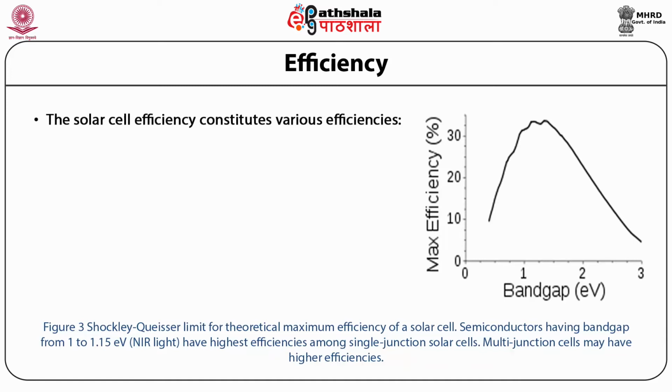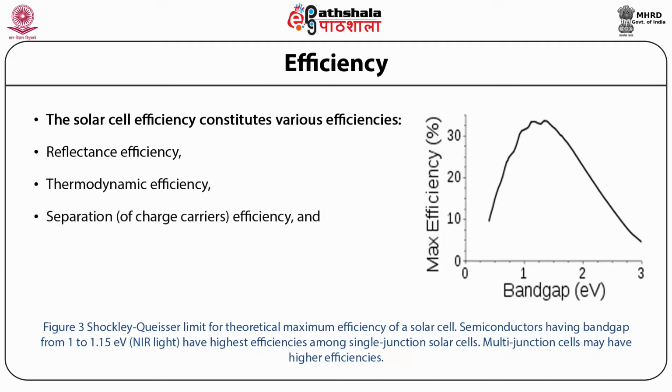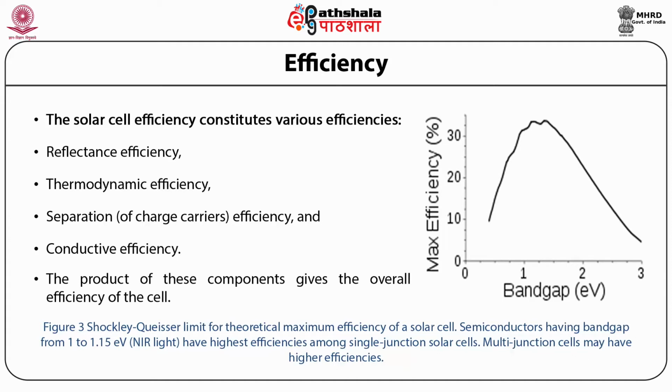The solar cell efficiency constitutes various efficiencies. The first one is the reflectance efficiency, another is the thermodynamic efficiency, then the separation efficiency, which is due to the separation of charge carriers, and fourth is the conductive efficiency. The product of these components gives the overall efficiency of the cell.